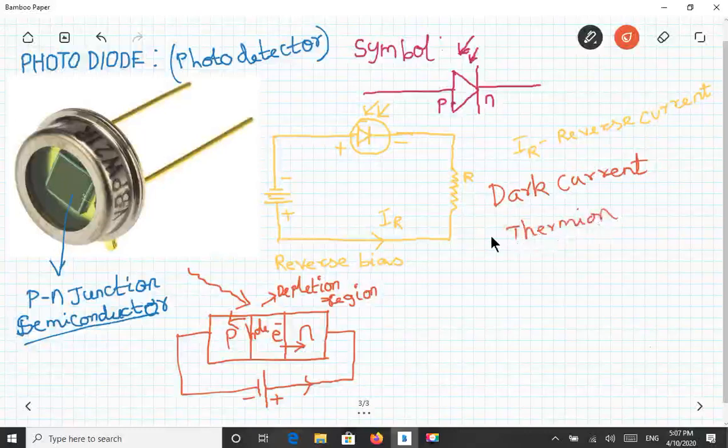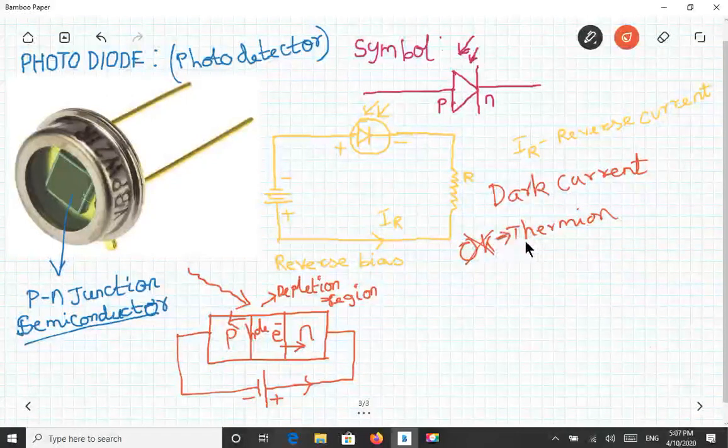There will always be heat in the surroundings. We cannot maintain 0 Kelvin, so there will always be some amount of temperature. Due to that thermal energy, there will always be electron and hole pair generation. If the pair has been generated, it will flow. That is known as dark current.